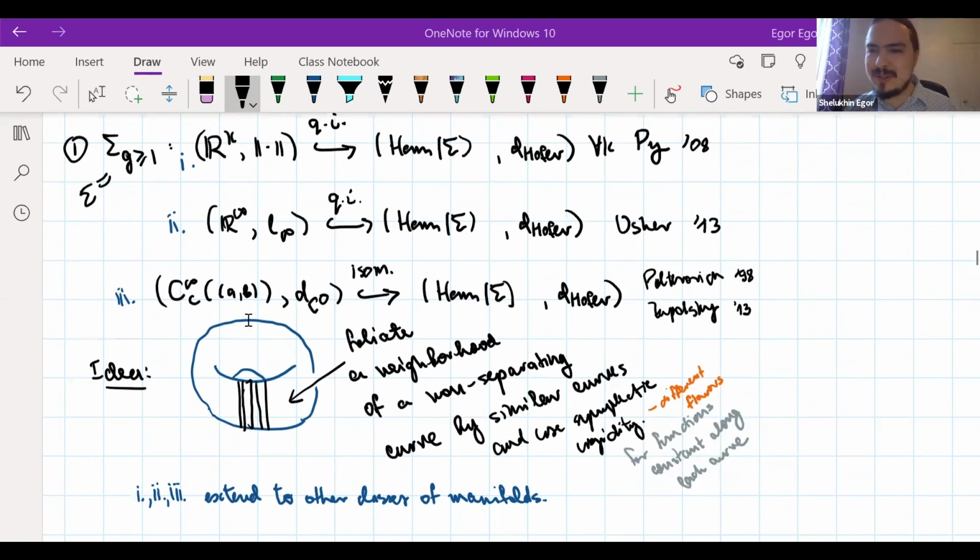I drew a torus, impressionistically. And then we can foliate a neighborhood of this curve by curves of a similar type. And then we can apply symplectic rigidity to functions that are constant along each curve.